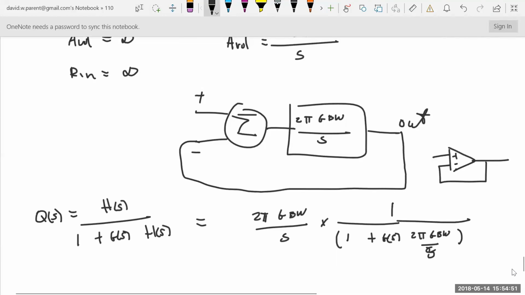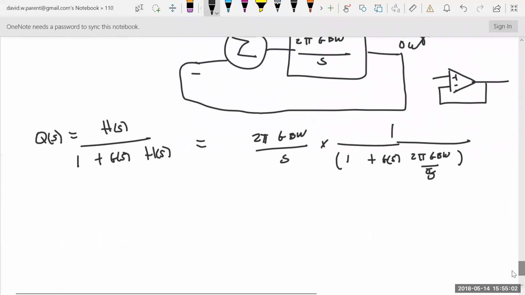Now, here's the thing. Yes, HS is this thing here, and HS is here. No, just take this HS and draw it out the way I showed you. I'm telling you, because the denominator of HS is going to be there no matter what because of the 1. So I'm going to have S. The denominator of HS is going to be canceled out in the second term because it appears in the denominator of the second term.